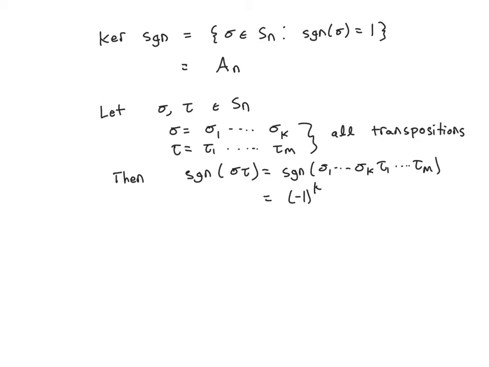So you have -1 to the k plus m, which is -1 to the k, times -1 to the m, which is the signature of sigma, times the signature of tau. So we see that the signature function is a homomorphism.